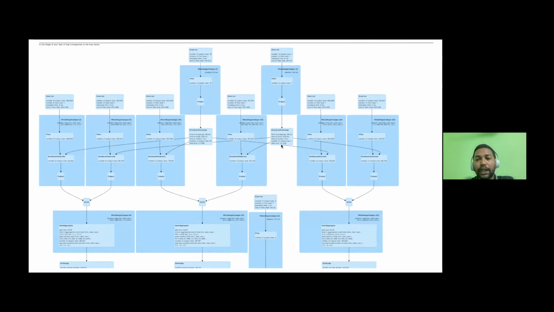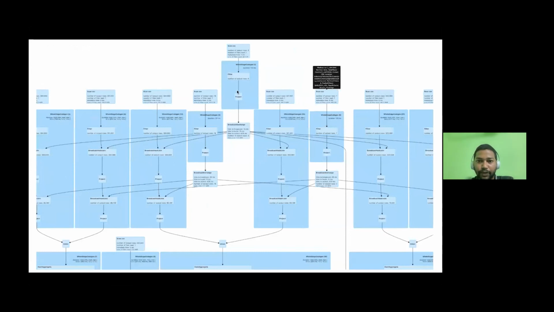But when we apply the sort and rearrange them with that technique, you could see here, this is the DAG of the one where we have sorted and applied the optimization technique, right? So you could see here that there are three broadcast exchanges, one out here, one out here, and one out here, right?